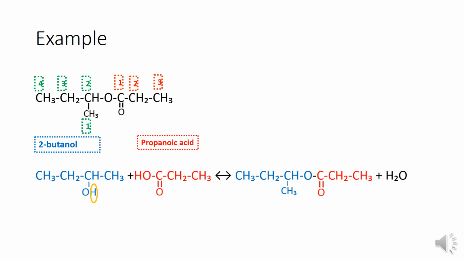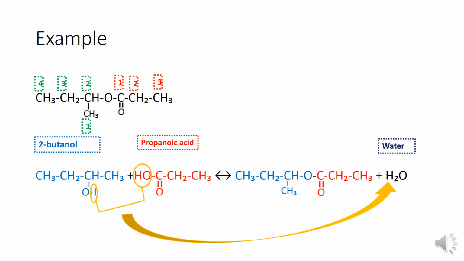Let's recall here that the H is taken from the hydroxyl group and the OH is taken from the carboxyl group of the carboxylic acid to eliminate water and to form ester.